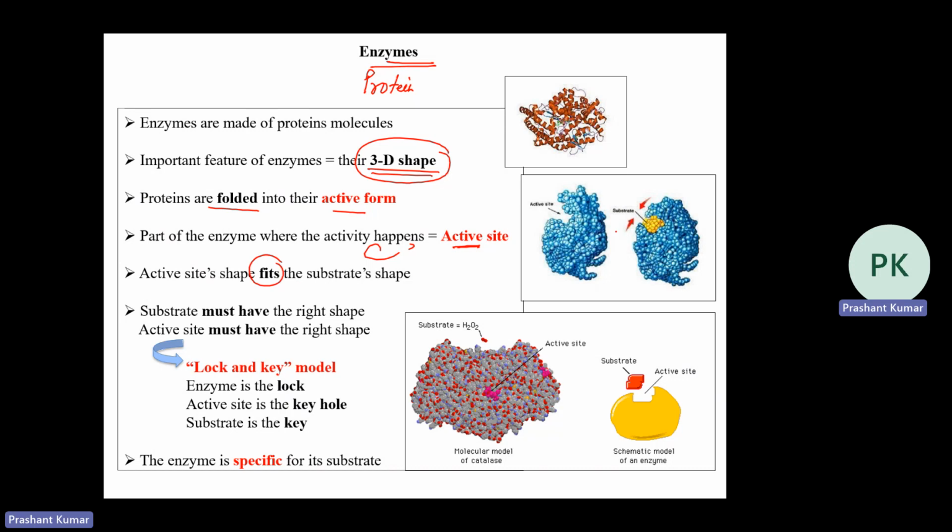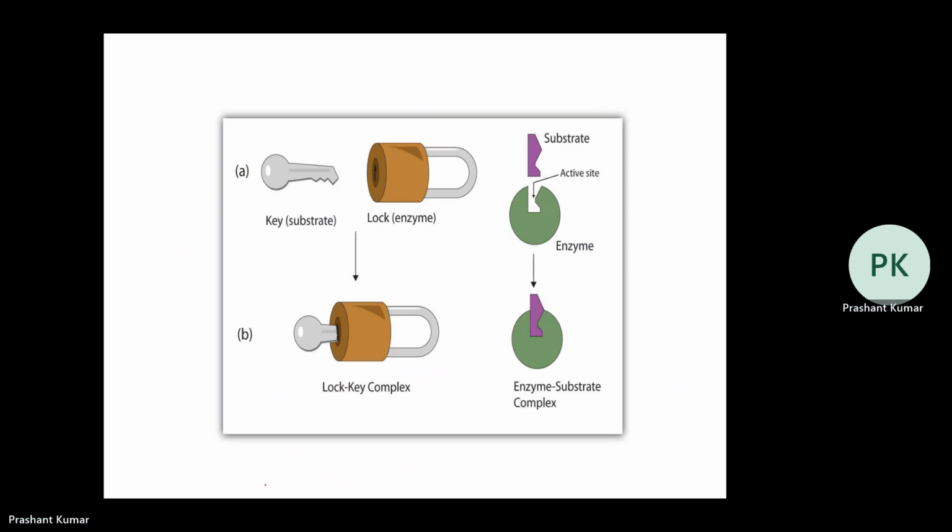You can see here in this particular diagram, this is the active site, and this is the substrate which is bound to the active site through the lock and key model. And this also defines specificity. Like see here, for every key there is a specific lock, or for every lock there is a specific key. So this lock and key method describes the fitness, how well substrate and enzymes fit.